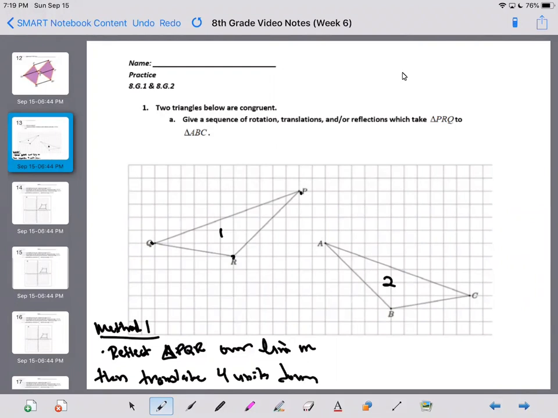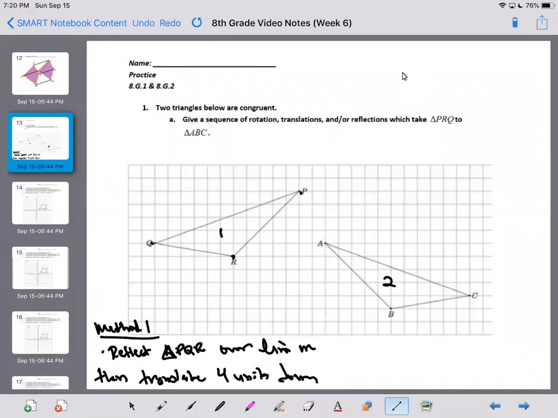Okay, so we're going to call two spots away from P, which would be right here. We're going to reflect PQR over that line, and then we're going to translate it 4 units down. So I've got my line off a little bit.